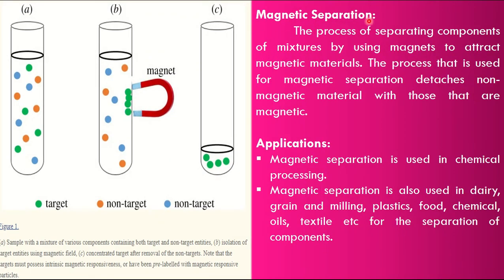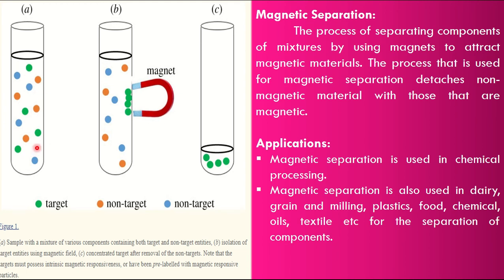Next method of separation is magnetic separation. Here we are using a magnet for the separation process. It is mainly suitable for magnetic responsive particles. So by using this separation process, we are separating only magnetic responsive particles. For example, if we see this container, it contains 3 different particles which are green, orange and blue in color.